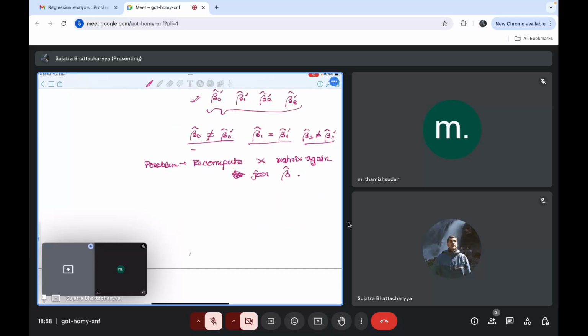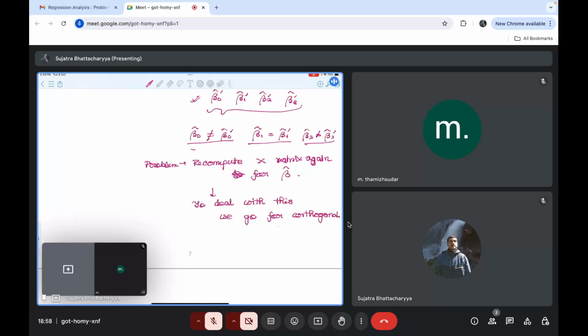To deal with this, we have to go for orthogonal polynomials, and you will see that this orthogonal polynomial will not change.